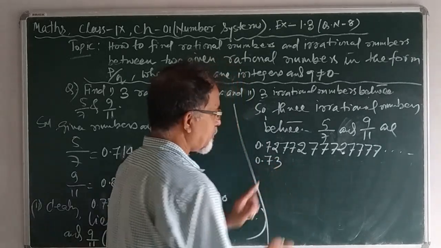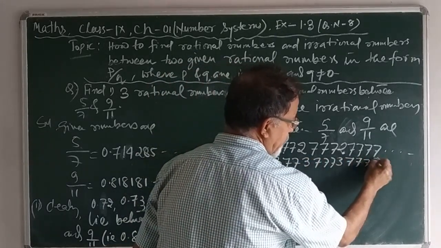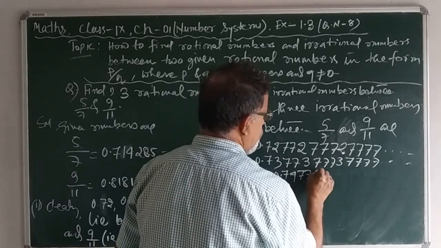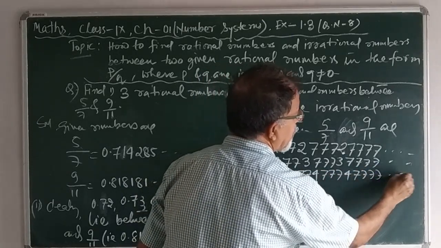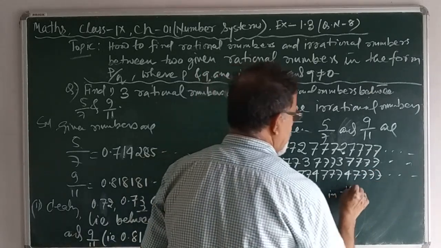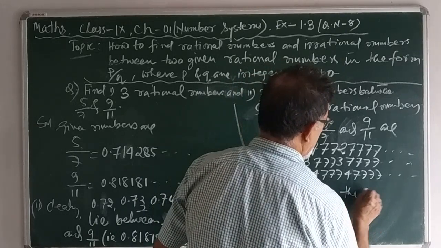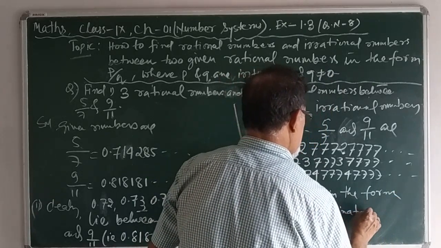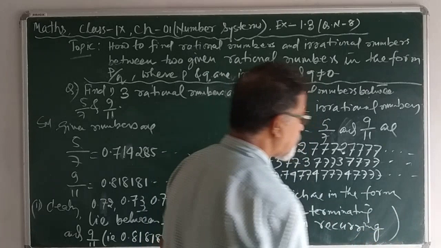For 0.73, we will follow the same pattern: 7, 7 3, triple 7 3, 4 times 7, and so on. And 0.74: double 7, 4 one time, triple 7, 4, 4 times 7, and so on, which are in the form of non-terminating, non-recurring decimal expansion.